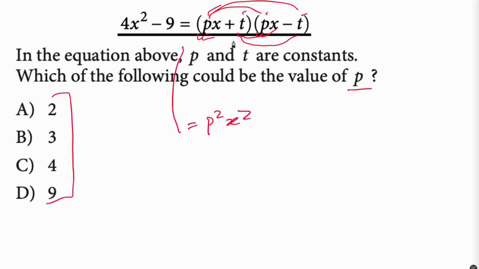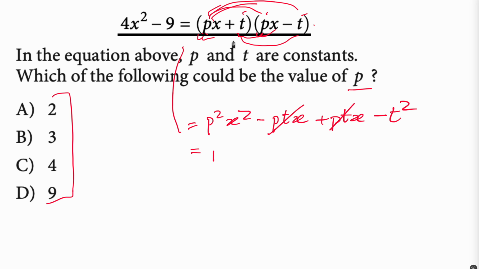Then px times negative t is negative ptx, and t times px is positive ptx. Then positive t times negative t gives negative t squared. Once you have that, you can eliminate those two because they're identical.